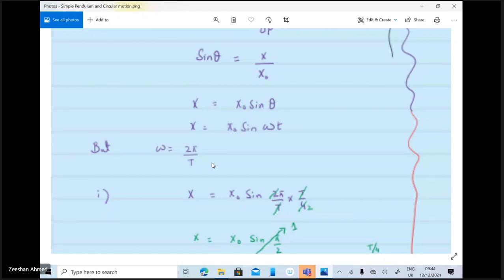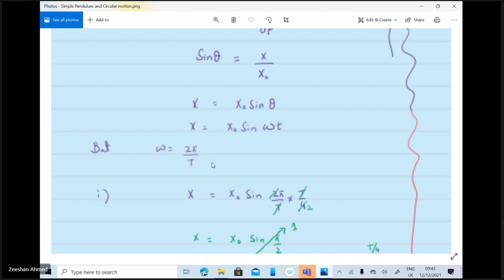And what was omega? Wasn't it 2 pi by T? We did it last time, I did it on Thursday. I don't know whether you were online or not, but we did it. Omega equals 2 pi by T. Let me explain one by one.